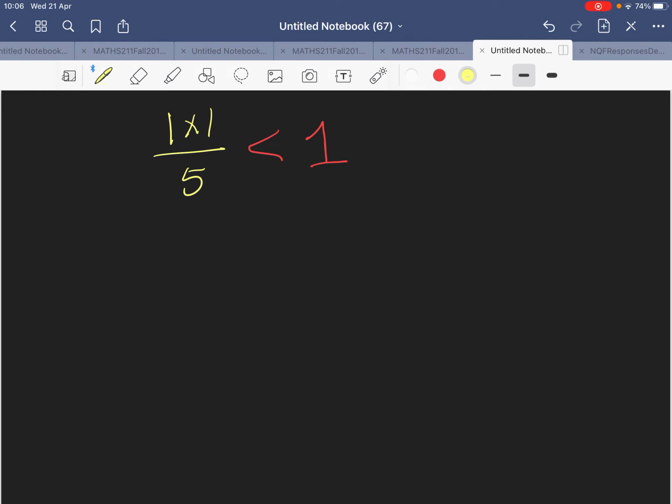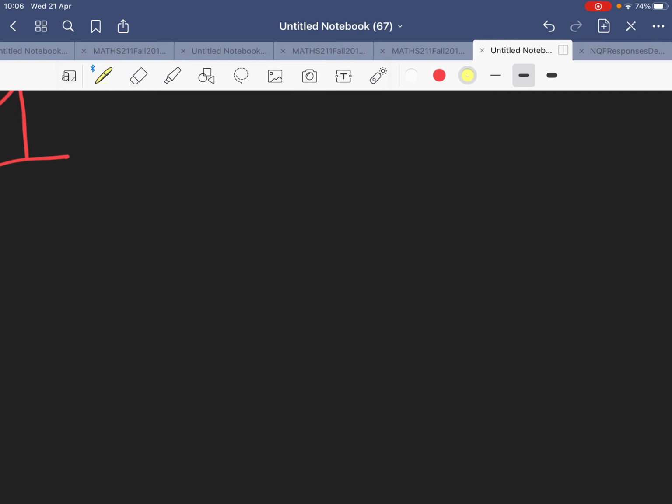Now this is a very simple inequality. Move the 5 to the other side. Now how do we get rid of the absolute value if we have an inequality? If you don't remember, let me just remind you. Absolute value of x, or let's say y, or whatever my variable is, less than any number a.